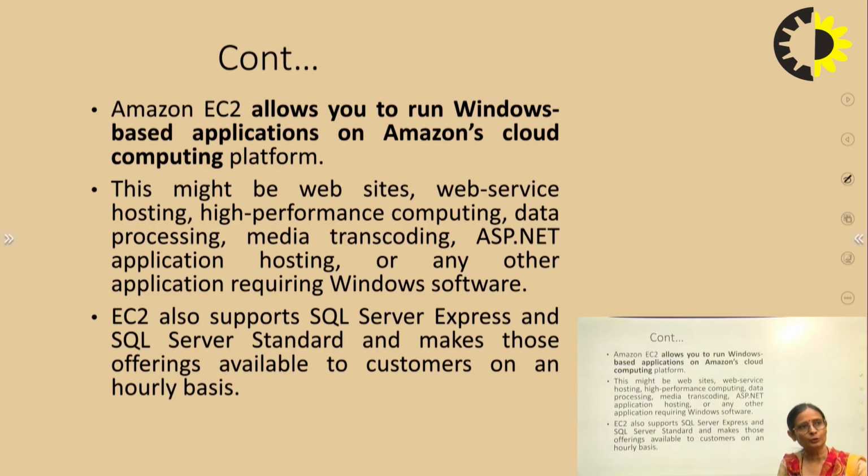It allows you to run Windows-based applications on Amazon's cloud computing platform. This might be website or web service hosting, high performance computing (HPC), or data processing. It may be media transcoding, ASP.NET application hosting, or any other application which requires Windows software.